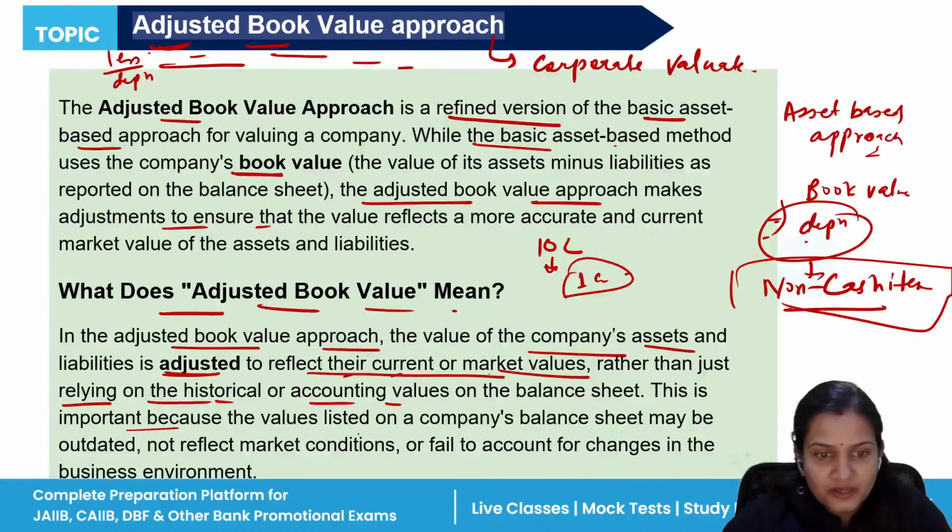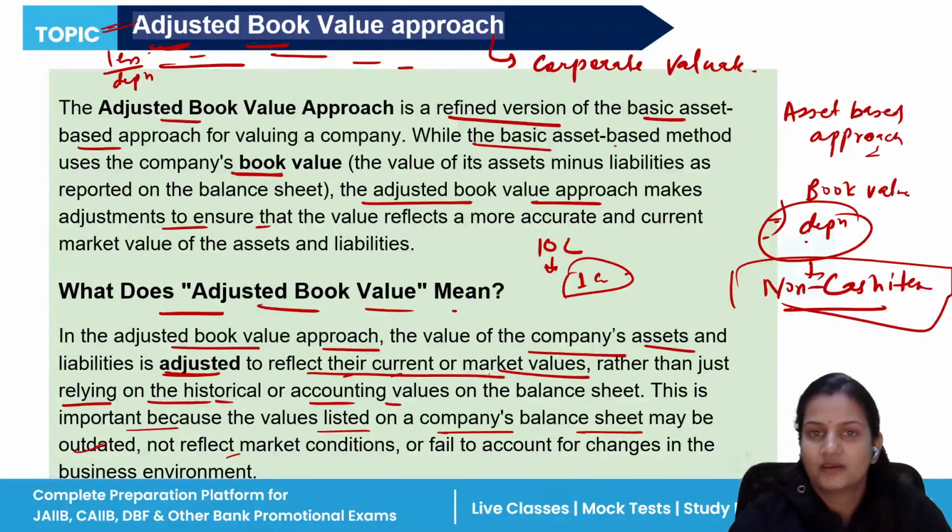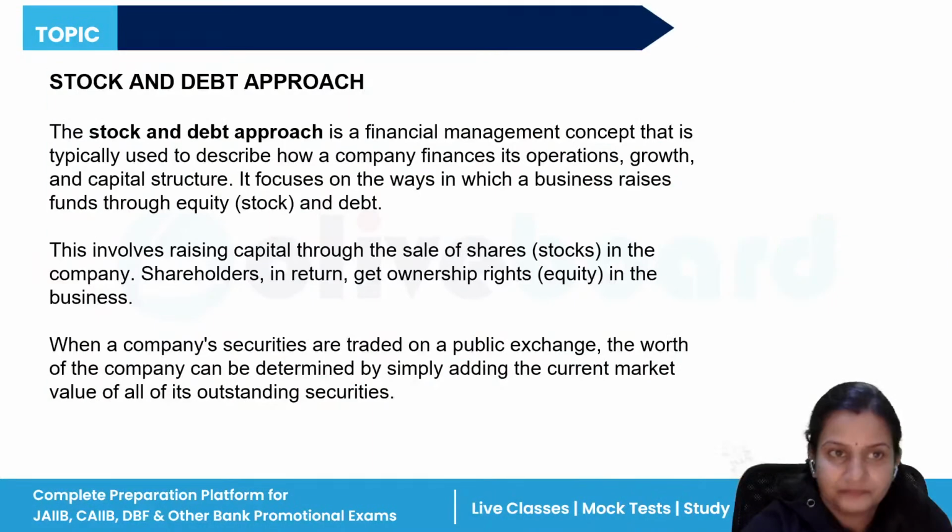Why is this important? Because the values listed on a company's balance sheet may be outdated, and may not reflect the true and fair view related to market conditions. So we need to adjust that according to this approach. If we opt for this approach, we have to make further adjustments while making the valuation.